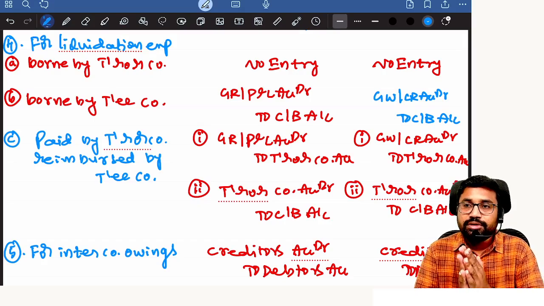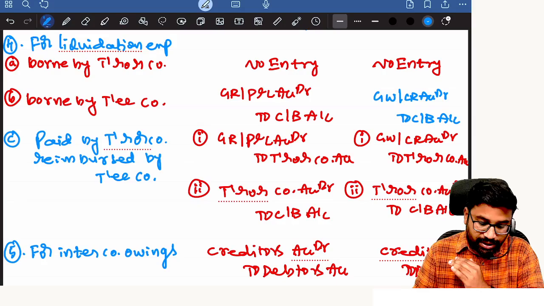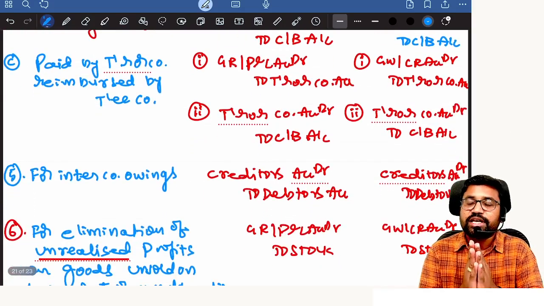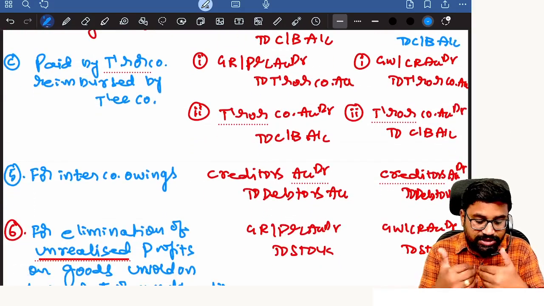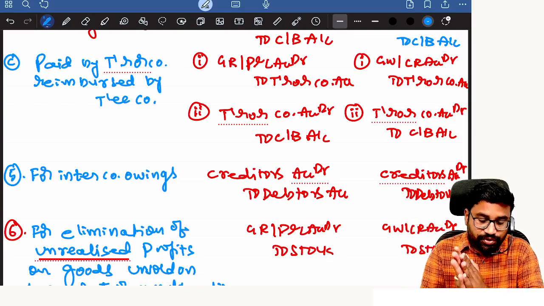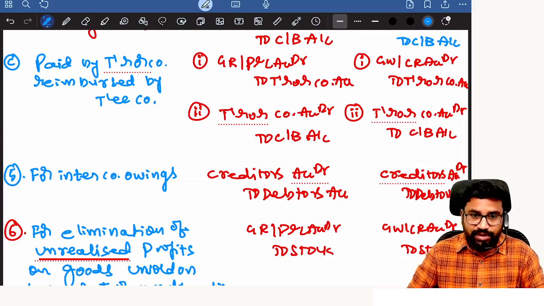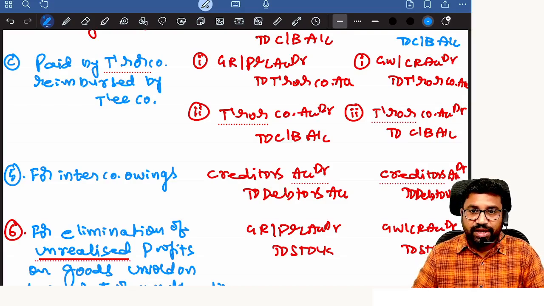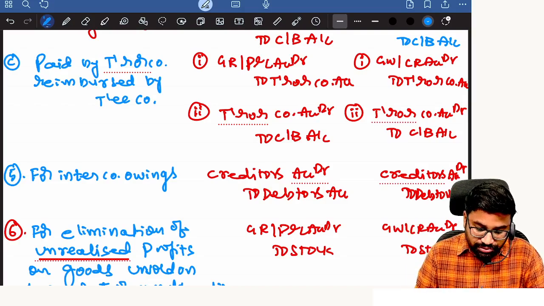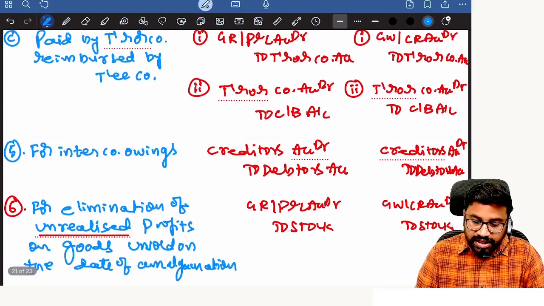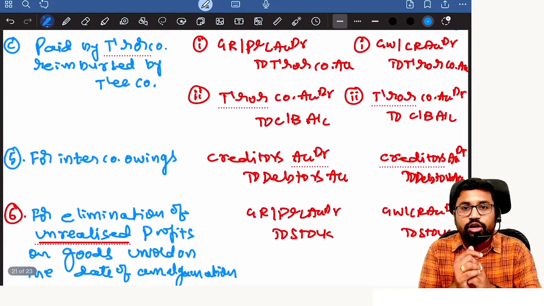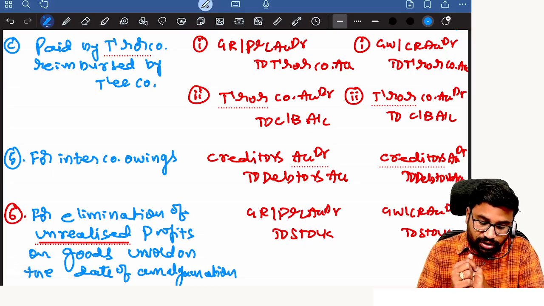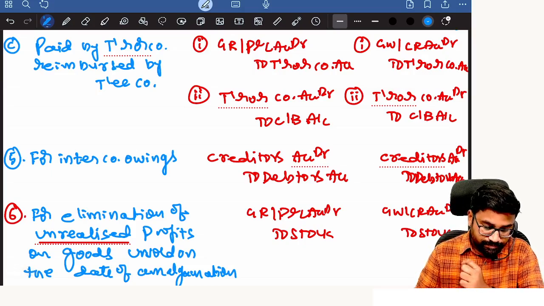Sometimes, as per the agreement between the companies, liquidation expenses are paid by transferor but reimbursed by transferee. In such a situation, when transferor company paid, in our books we will write general reserve or P&L account debit to transferor. When we actually pay them, transferor to cash or bank. In case of purchase method, goodwill or capital reserve account debit to transferor, transferor to cash or bank.